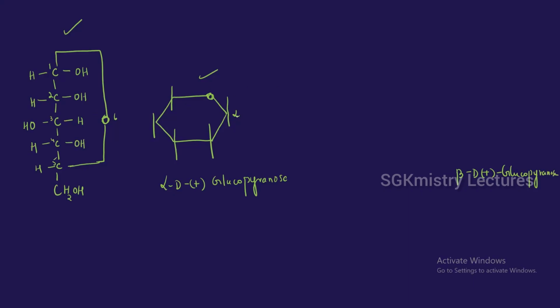As we already know, the alpha as well as the beta D glucopyranose only differ from each other with respect to the configuration around the first carbon atom, that is, the anomeric carbon only.